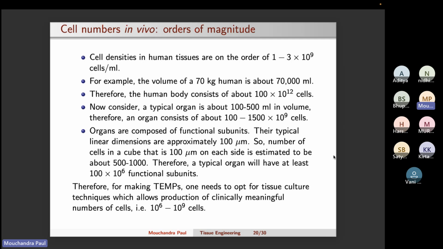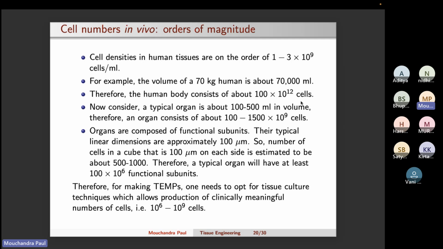Here they have multiplied the volume of the human body with the cell density present in human tissue. In this way they have calculated that the complete human body has approximately 100 trillion cells, that is 10 raised to the power 14.